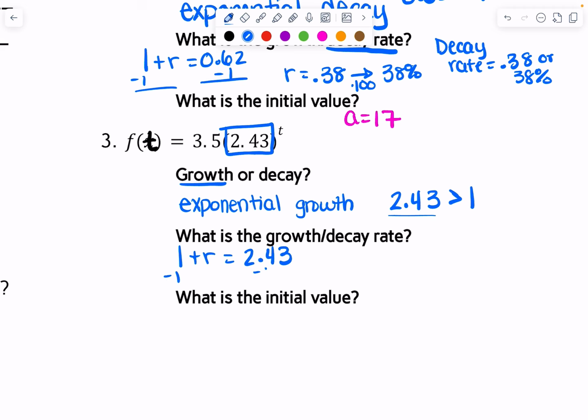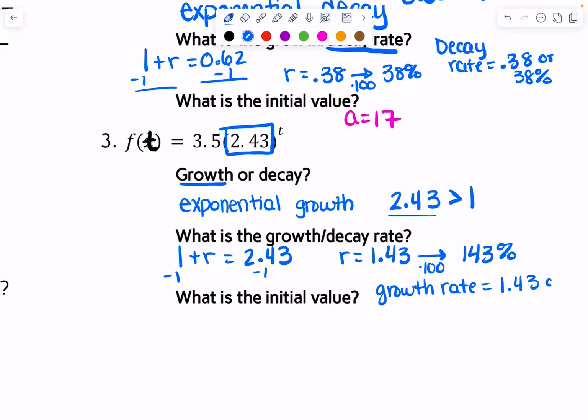If I subtract 1 from both sides, that gives me a rate of 1.43. Turning that into its percent, multiplying by 100, would give me 143%. So the growth rate is 1.43 or 143%.